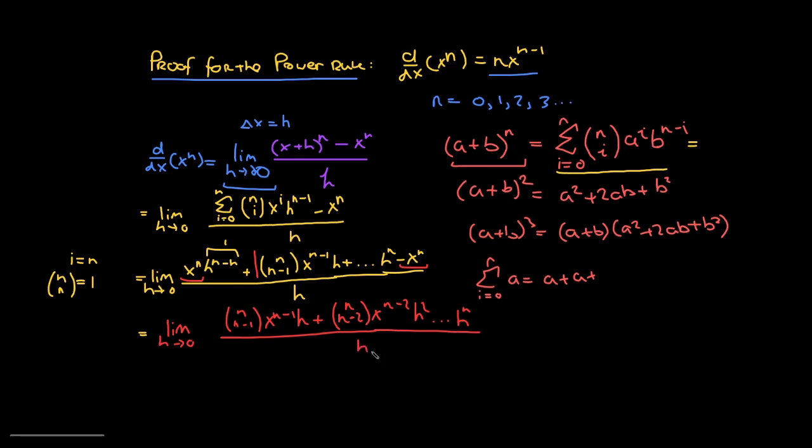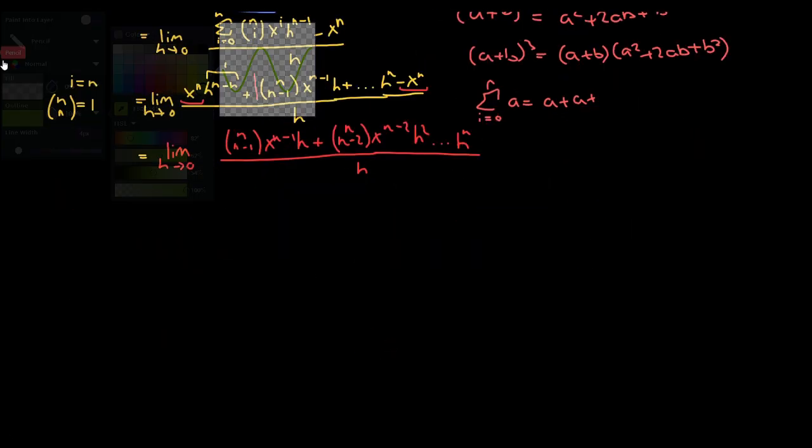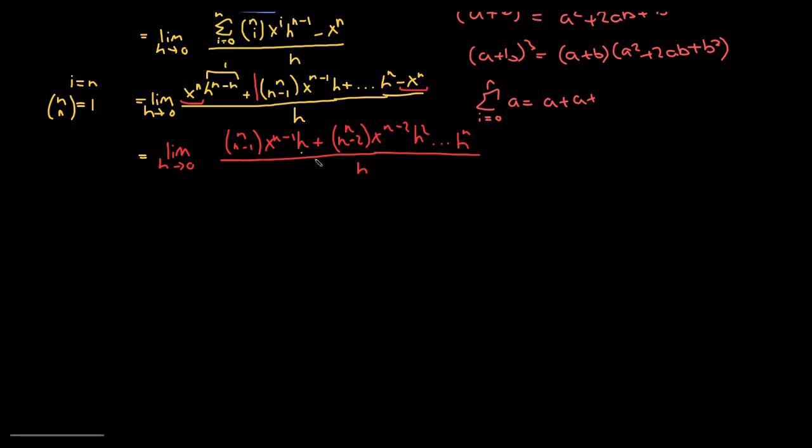And now you may notice that we're left only with terms that also contain an h, so we can actually just divide out. So we'll divide out by h, like that. And we're going to be left with this, something like this anyway.